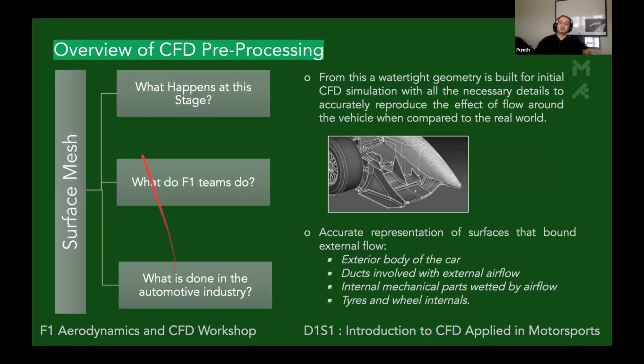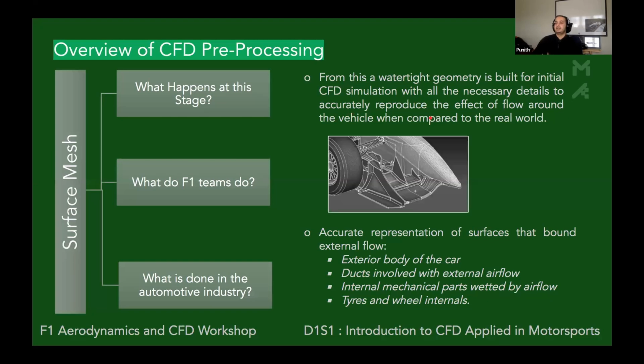Then the next step we'll talk about is surface meshing. So once you have the car designed in a CAD package or in some other package, for a CFD simulation, you then need to have a surface mesh that represents the surface of the car. So we'll discover that in a lot of detail and some case studies as well.